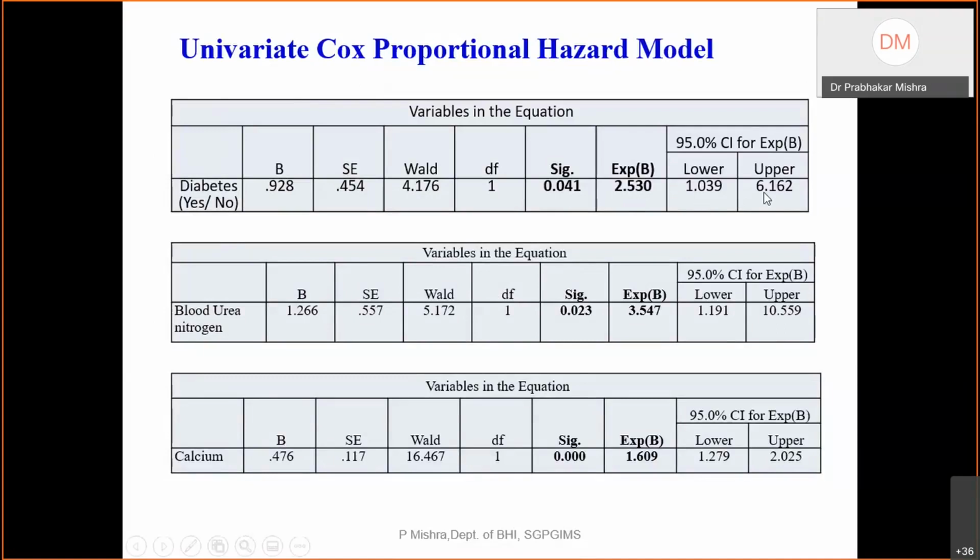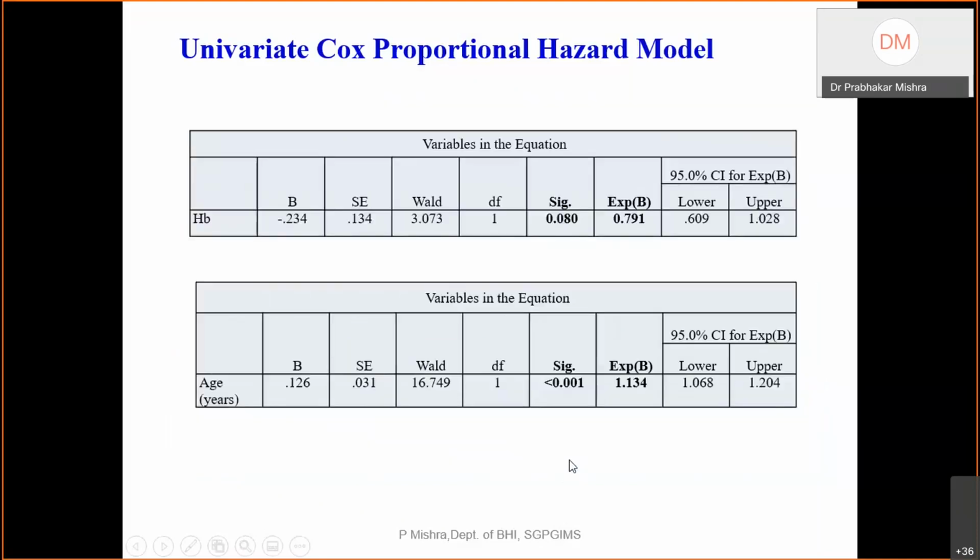Blood urea nitrogen is also coming significant; it is a significant risk factor in univariate analysis. Calcium is also coming significant, a significant variable in univariate analysis.